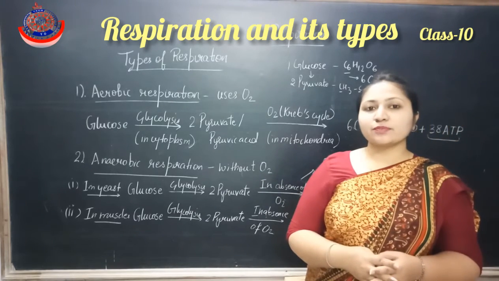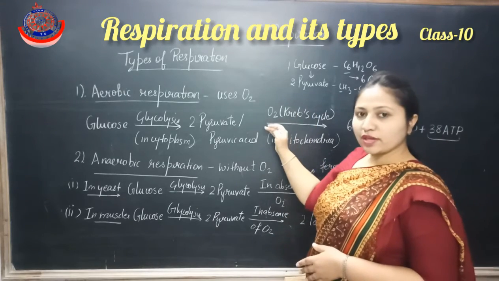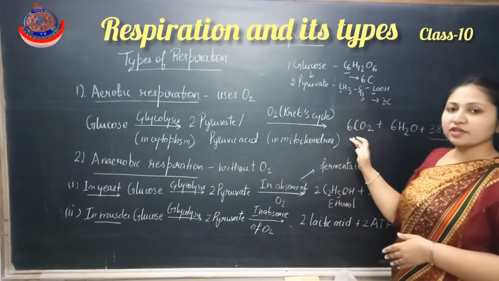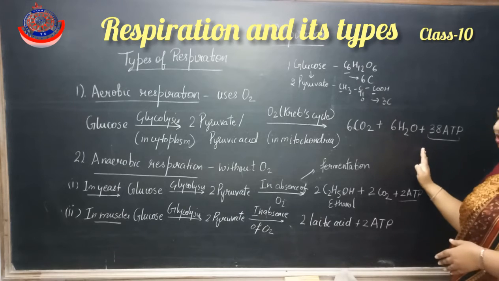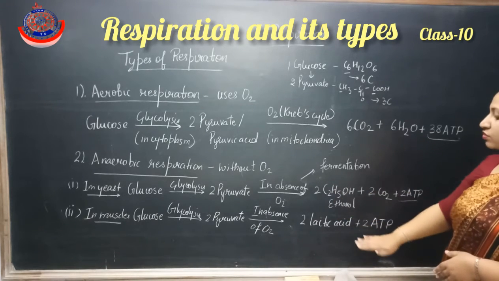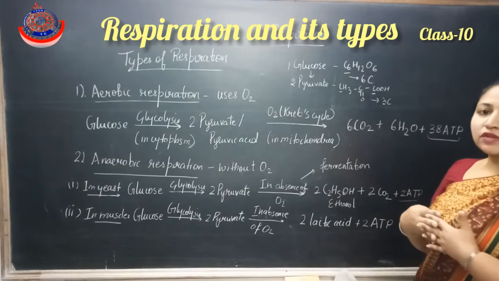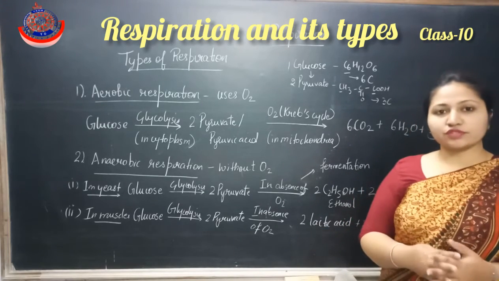If we talk about the end products, what are the end products in case of aerobic respiration? These are carbon dioxide, water plus energy, and here ethanol in case of the fermentation process, and lactic acid during vigorous physical exercise.